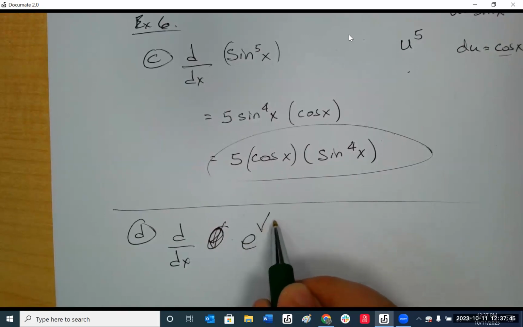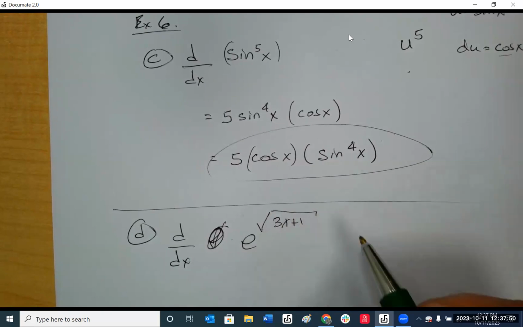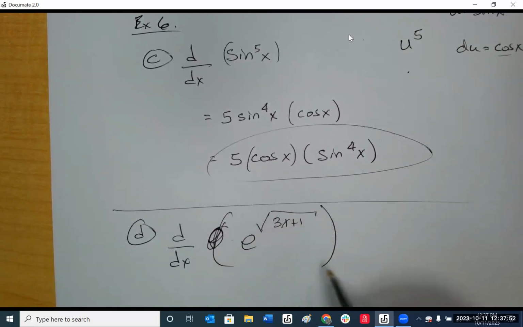E to the power radical 3x plus 1. I have others.